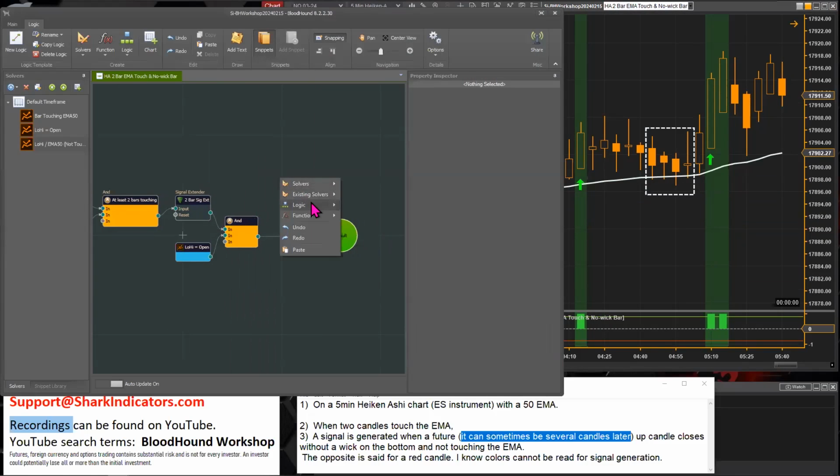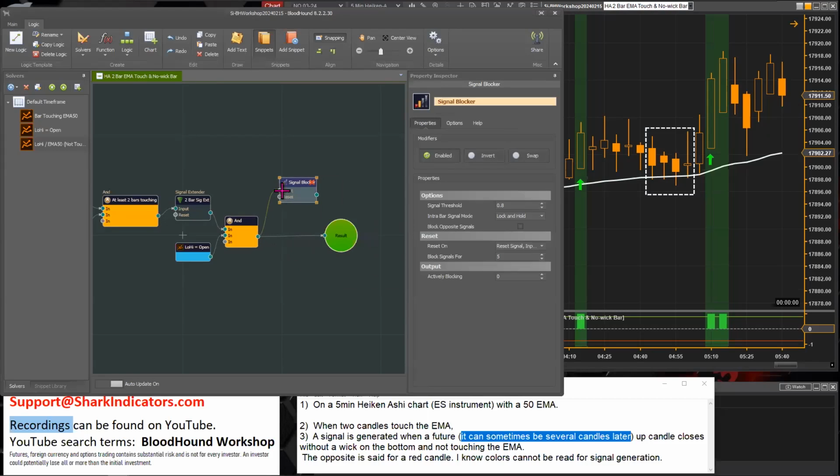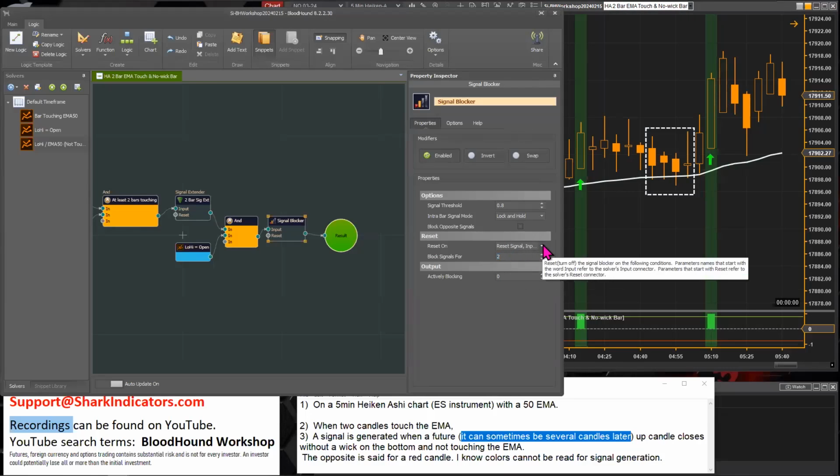So now if we want to clean that up, we can add a signal blocker, like so. All right, and yeah, I think the most we need to block for is 2 bars. And let's check the resets here.